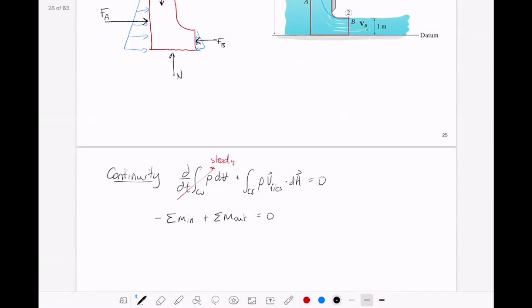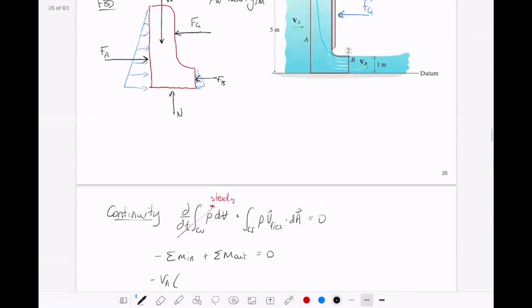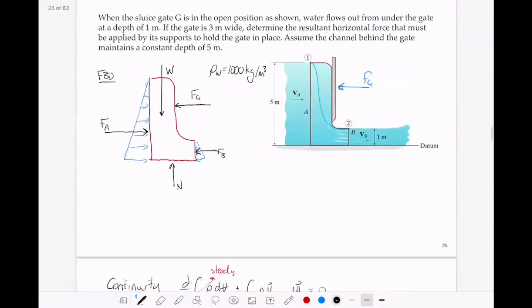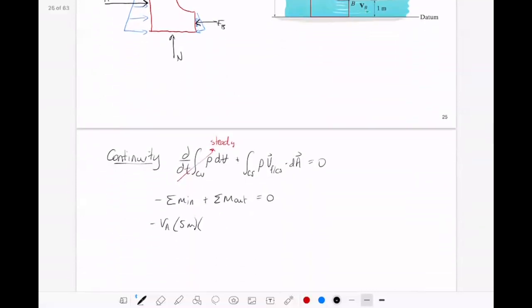Which we can write as negative VA times the area at A, so 5 meters tall and the width is 3 meters, so the gate is 3 meters wide, plus the velocity at B, and it is 1 meter tall and also 3 meters wide.